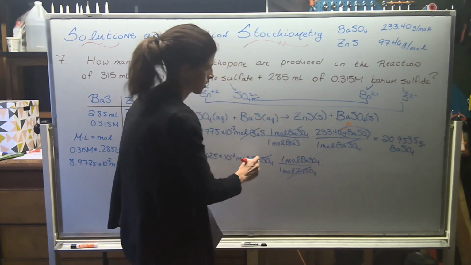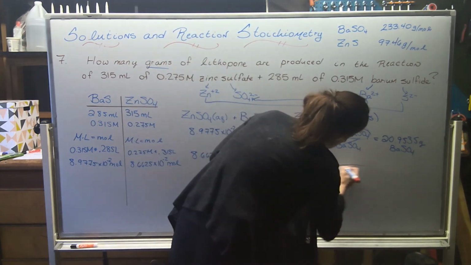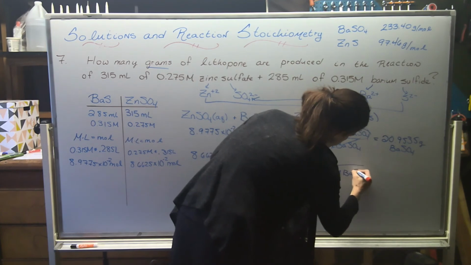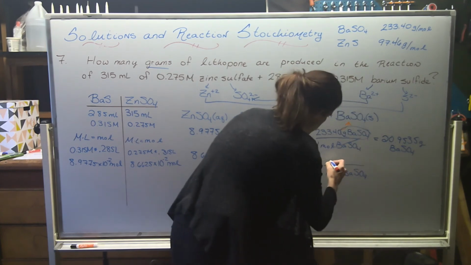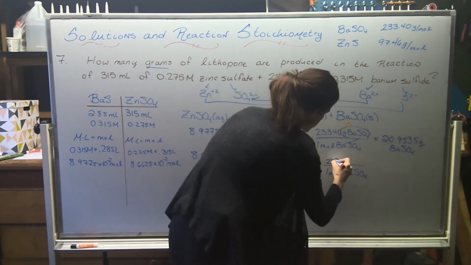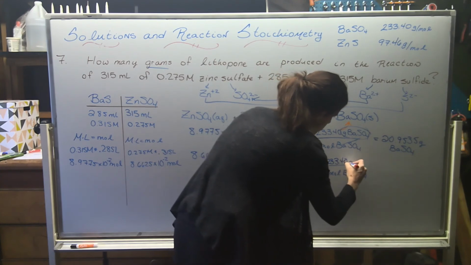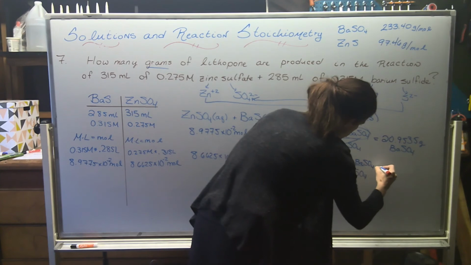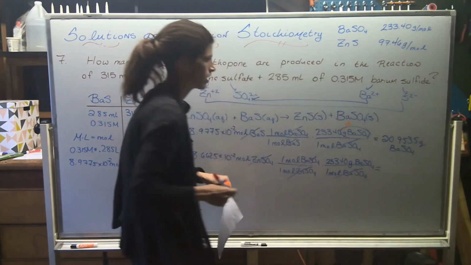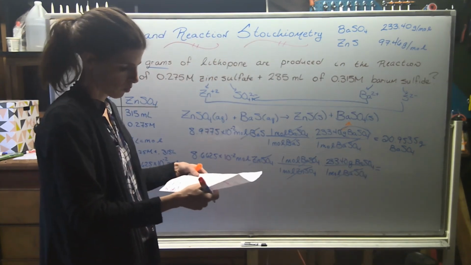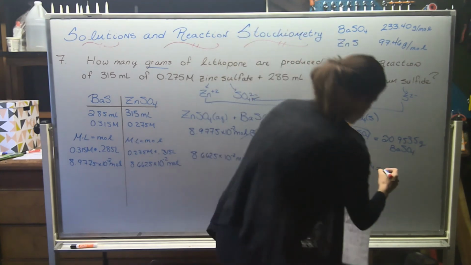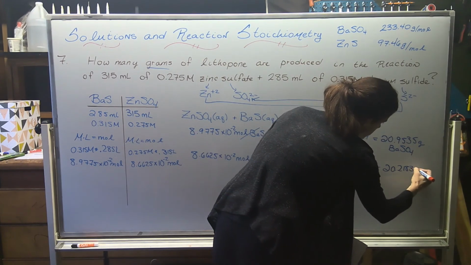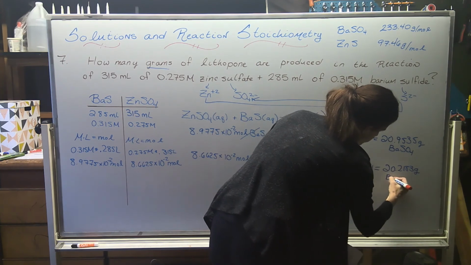Moles of zinc sulfate are gone. And let me just get the barium sulfate to grams. So I can use that same value, the 233.40 grams of barium sulfate. This is canceling. And so now at this point, I get 20.2183 grams of barium sulfate.